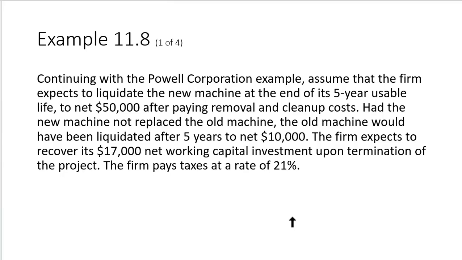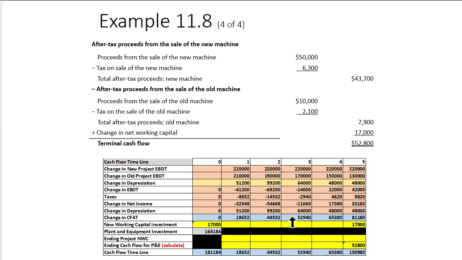So for this particular project, at the end of its useful life, this new machine, we're going to be able to get rid of it for a net of $50,000, including removal and cleanup costs. The old asset we would have been able to liquidate to get around $10,000, and now the firm expects obviously to recover its $17,000 in net working capital.